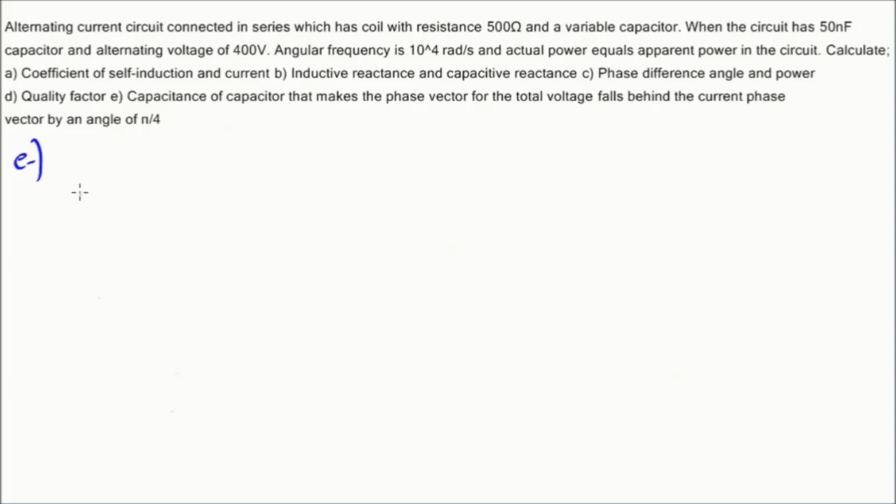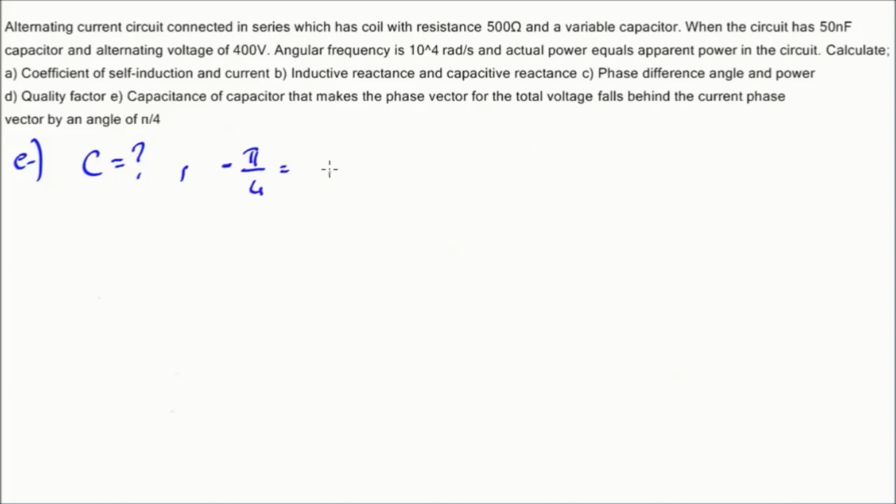E says calculate the capacitance of the capacitor that makes the phase vector for the total voltage fall behind the current phase vector by an angle pi over 4. And it says fall behind, so the angle will be a negative value, so minus pi over 4.